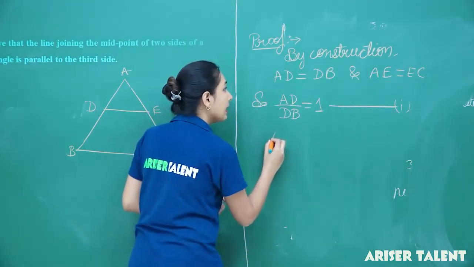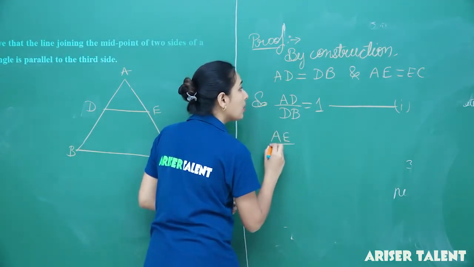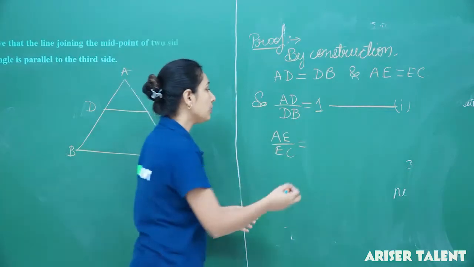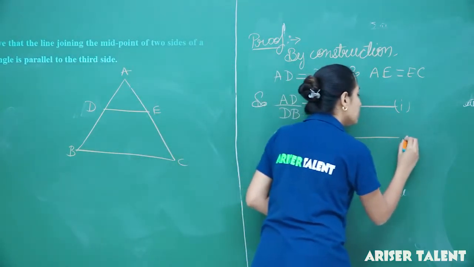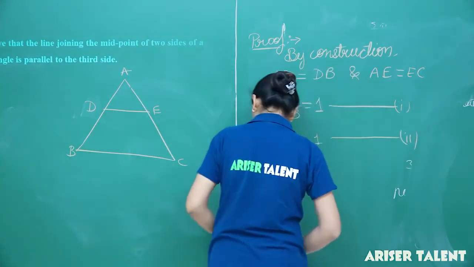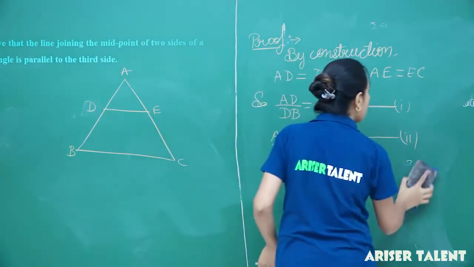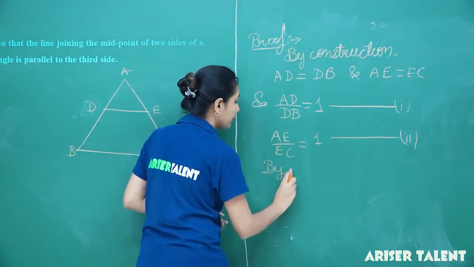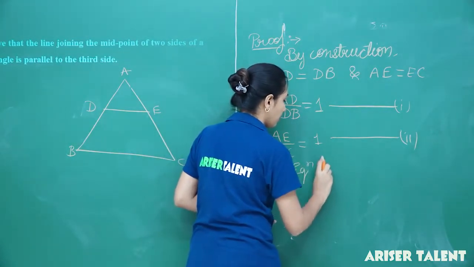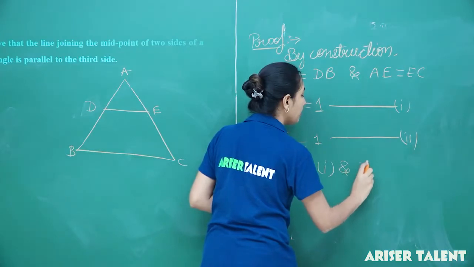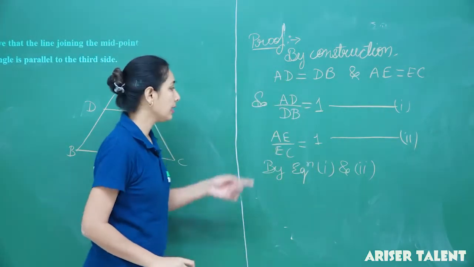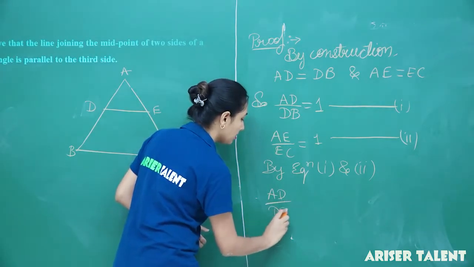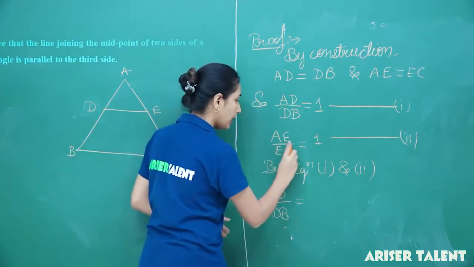Now, again AE, because it is at the midpoint, it is dividing in the same ratio. So, the ratio will be 1. So, this is the second equation, and by the first and second equations, what you can conclude is that AD by DB is equal to AE by EC.